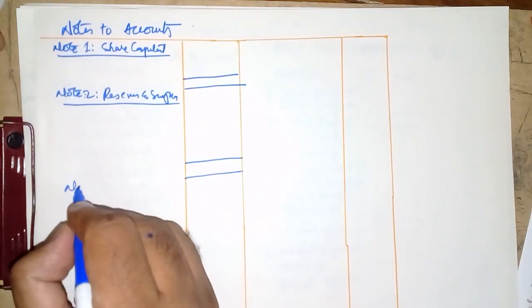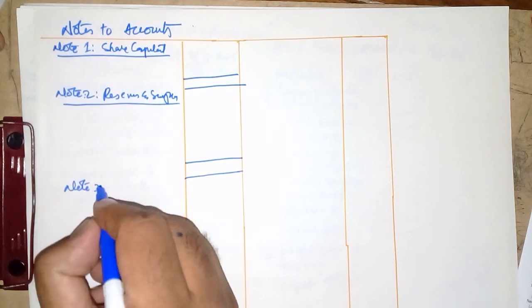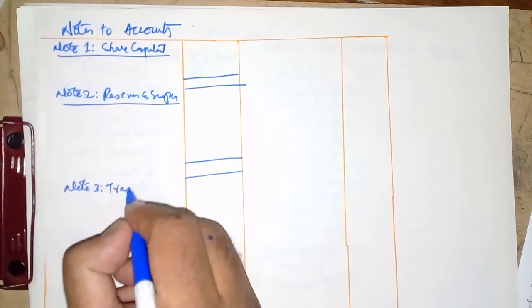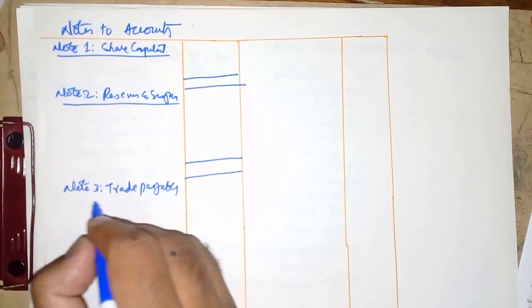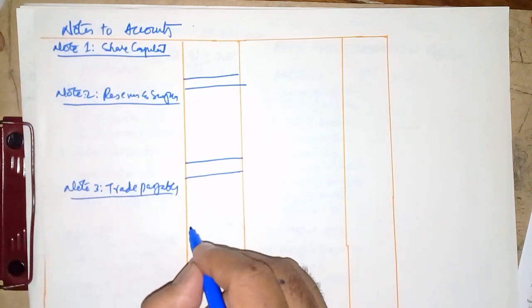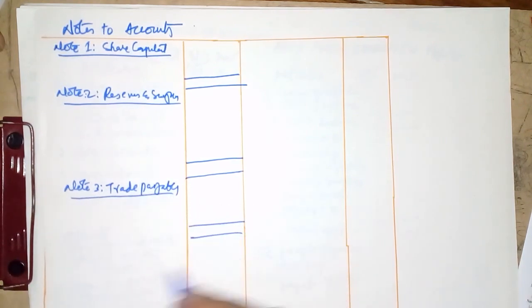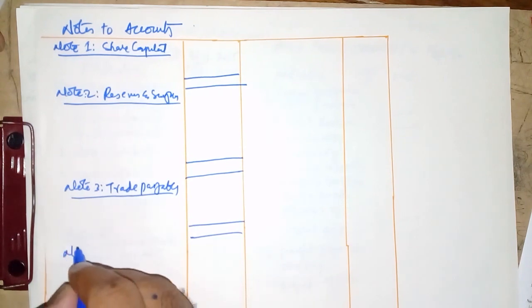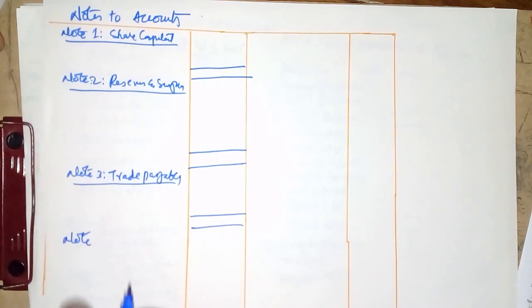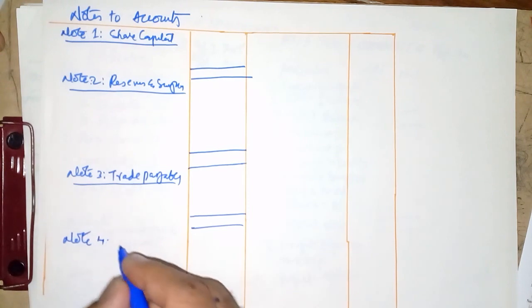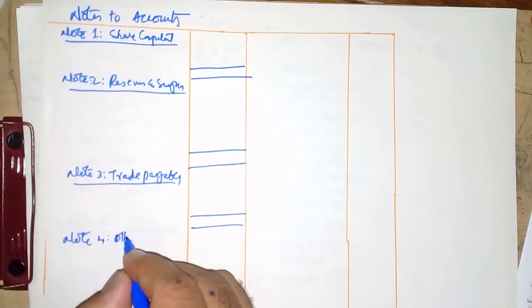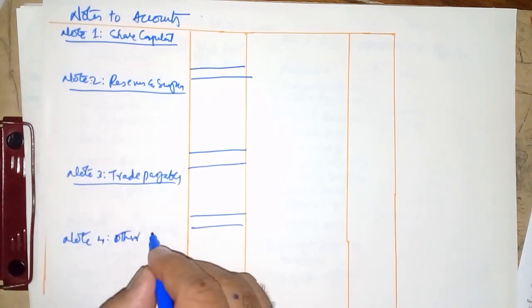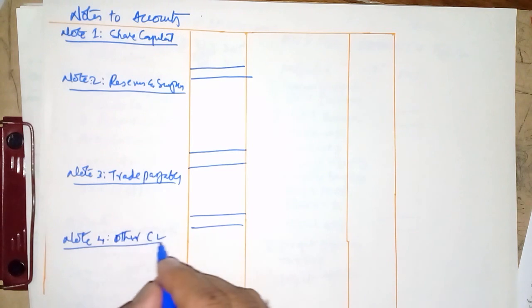So note 3, trade payables, then note number 4, other current liabilities, abbreviation I have written.